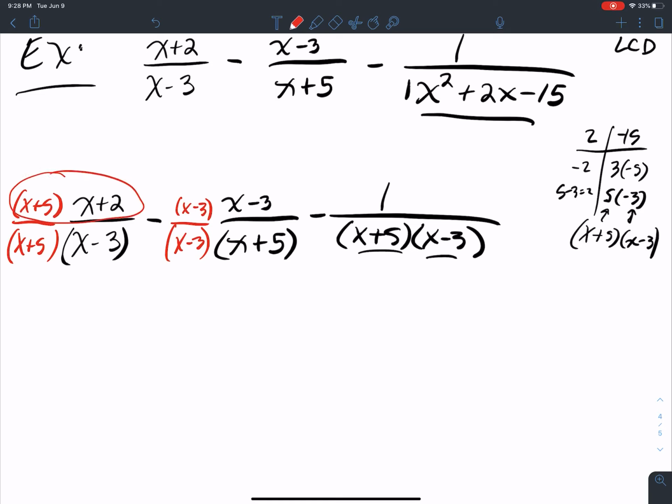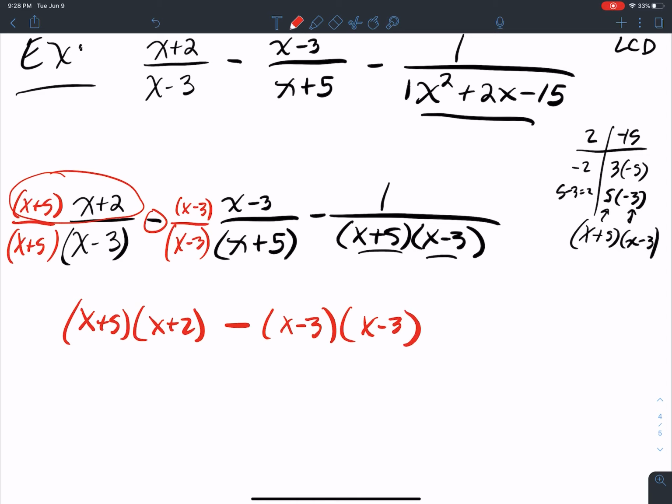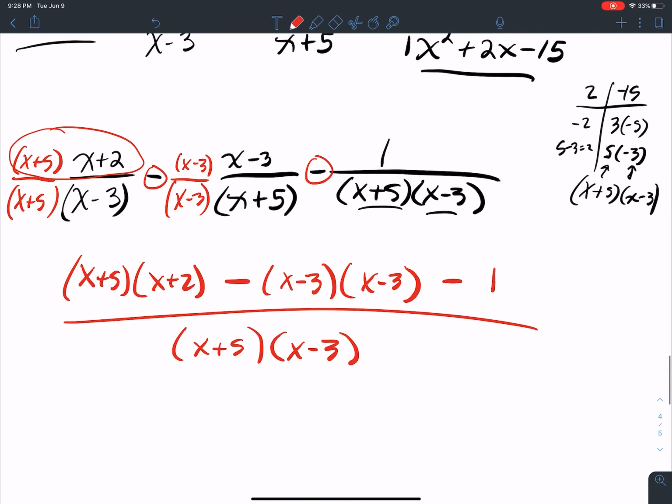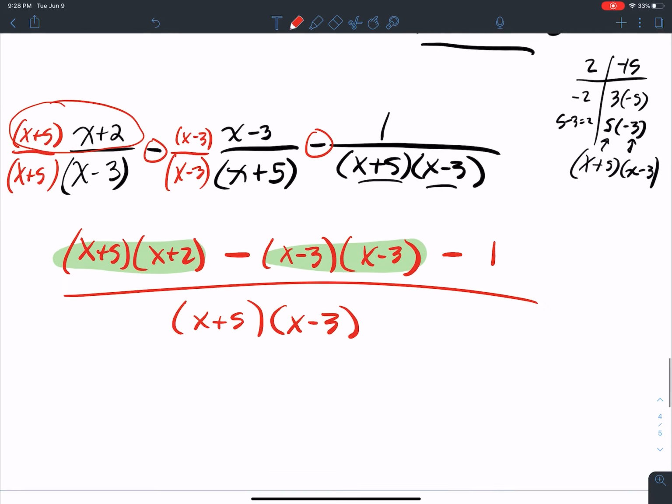So what do I have? I've got this. So I have x plus 5 times x plus 2, and then I have a minus x minus 3 times x minus 3, and then I have a minus 1 all over x plus 5 times x minus 3. Okay? So I need to multiply, and then collect like terms.